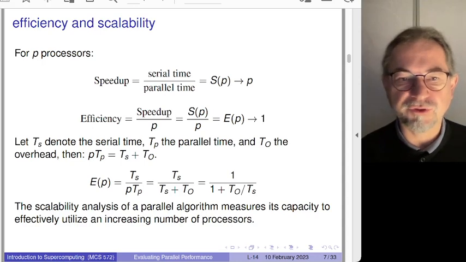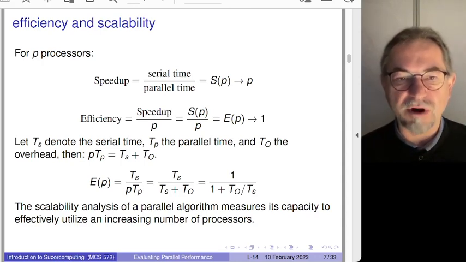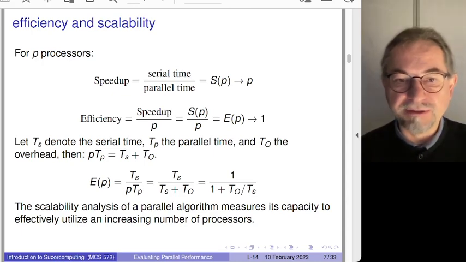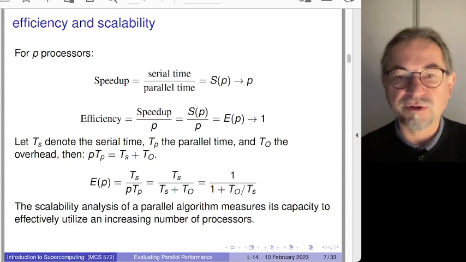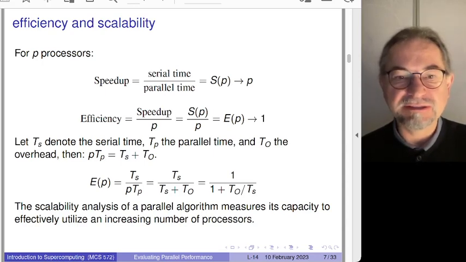So the first rewriting of the efficiency is using that definition. So the denominator can be P times TP, which is the serial time, but that includes the overhead. So in the notion of efficiency, we have the ratio of the overhead over the serial time.